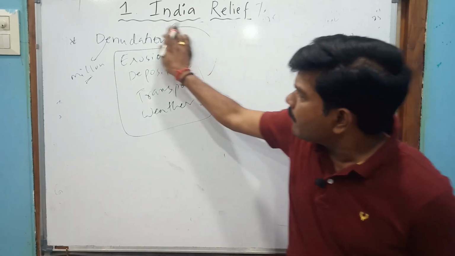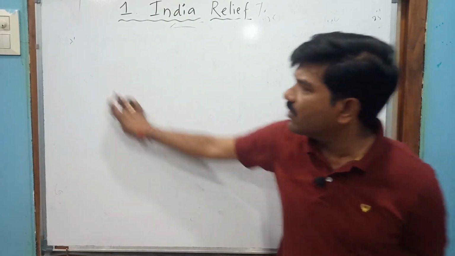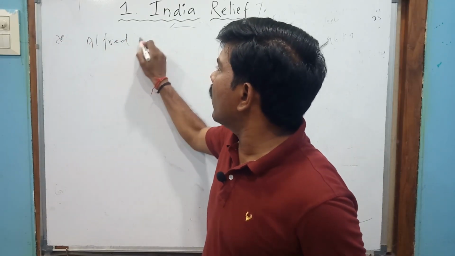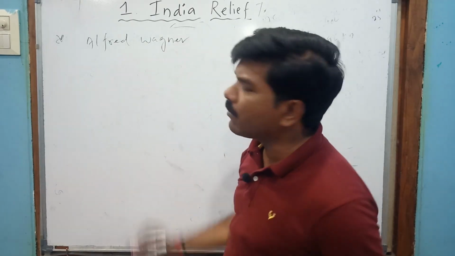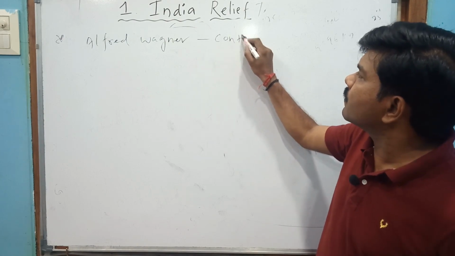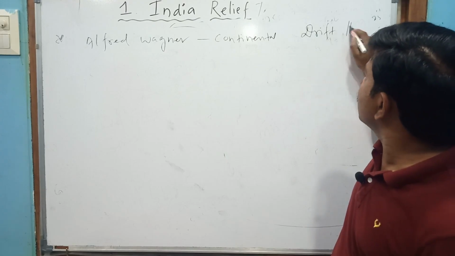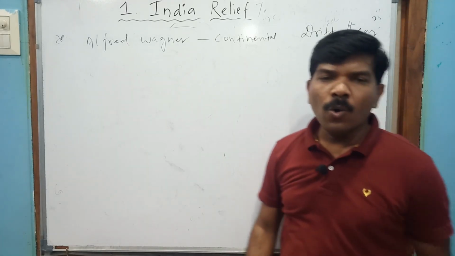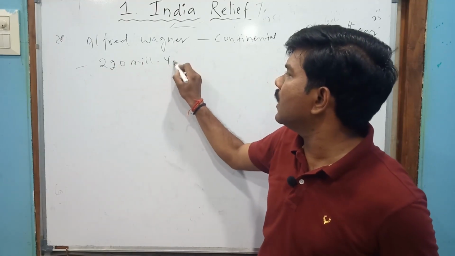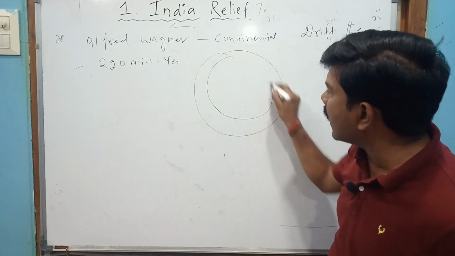Okay, let's recall the 9th class continental drift theory. Alfred Wegener, one of the famous geologists, explained the continental drift theory. What is the continental drift theory? Once upon a time, 220 million years ago, the whole landmass was together.